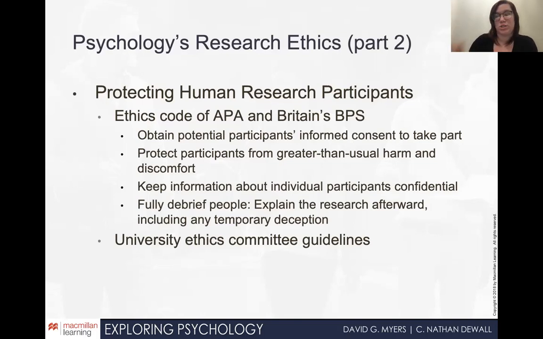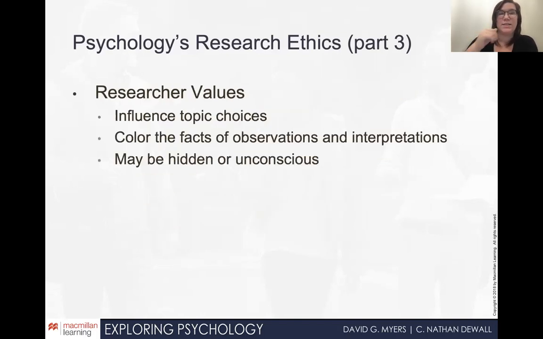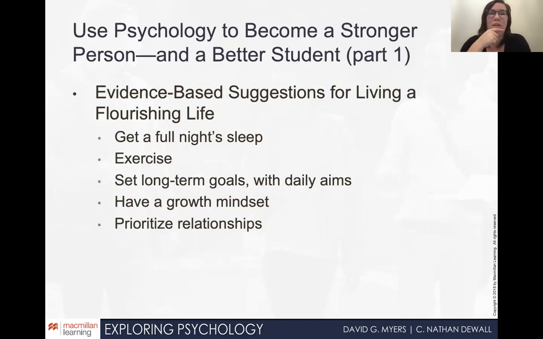And then, of course, there's the University Ethics Committee guidelines. So we also need to take into account a researcher's values, right? The influence on topic choices, if their values are going to color their observations and their interpretations of the results, and if they have any hidden biases or unconscious biases.